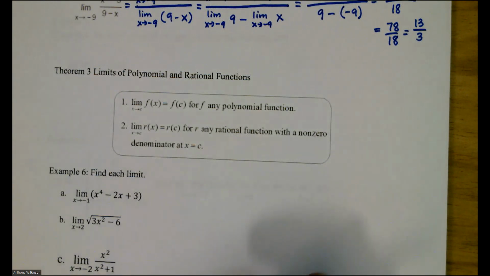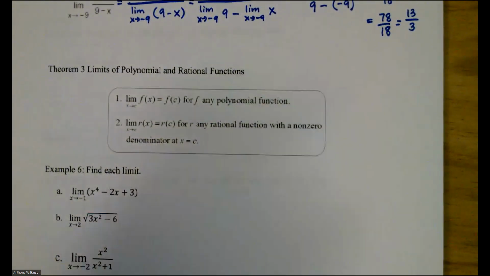So that's for any polynomial function, you just do a direct substitution. But now the second one has a limit as x approaches a constant c of r of x, and that's going to be equal to r of c.